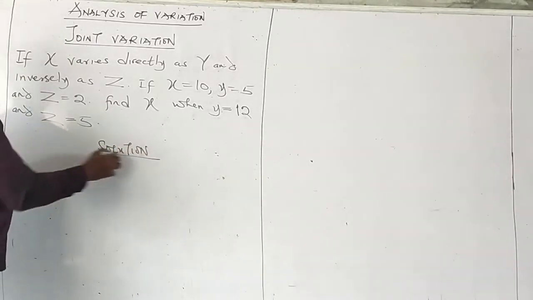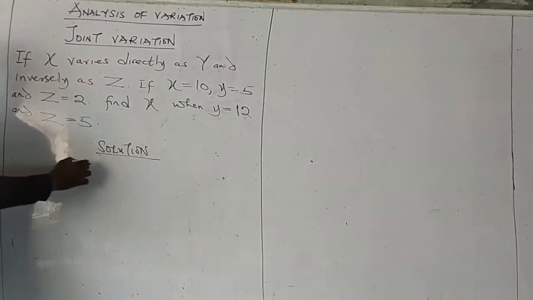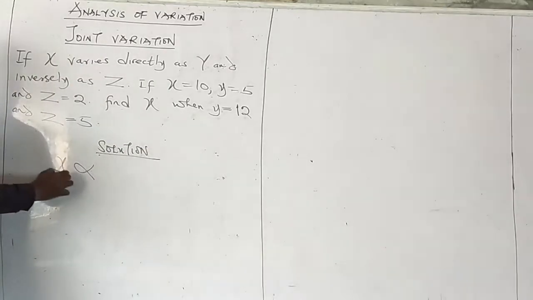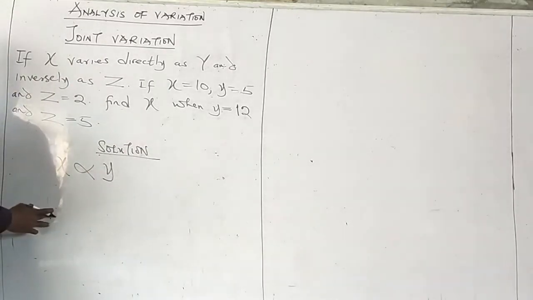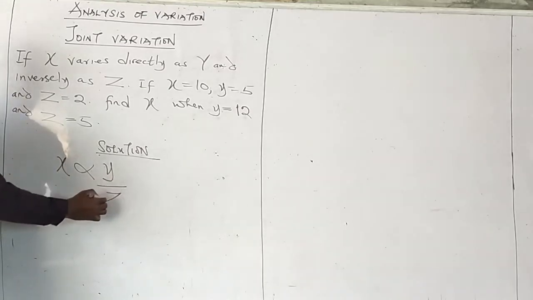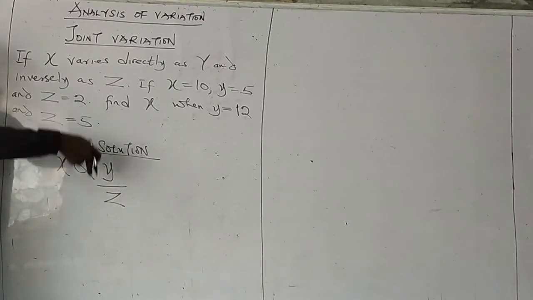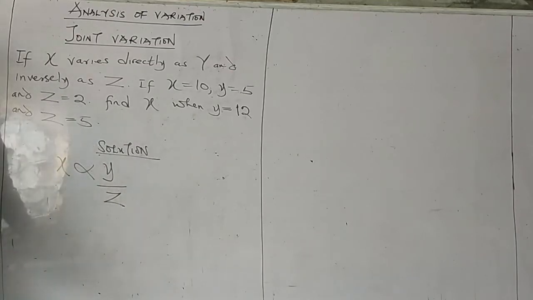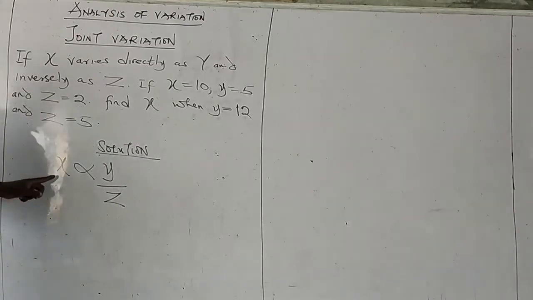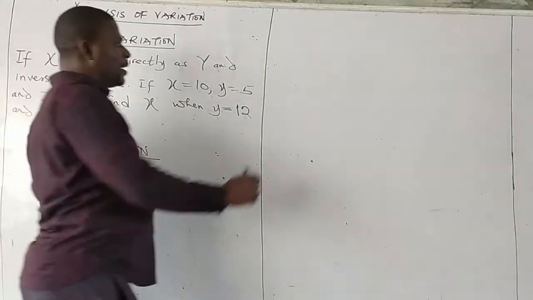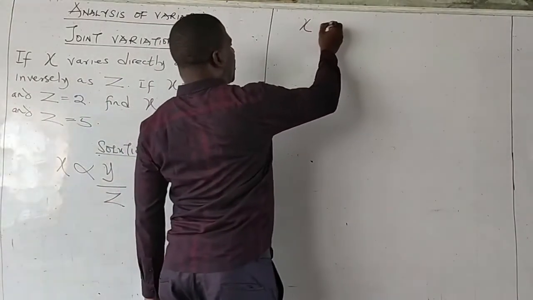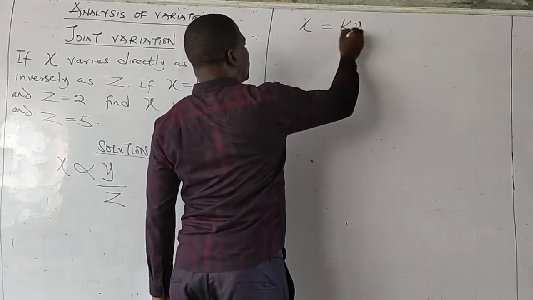So I will say x varies directly as y, and inversely as what? z. Because every time it is inverse, it's always 1 over, so that one is always under. So by the time I want to change this, my x will now be equal to ky over z.